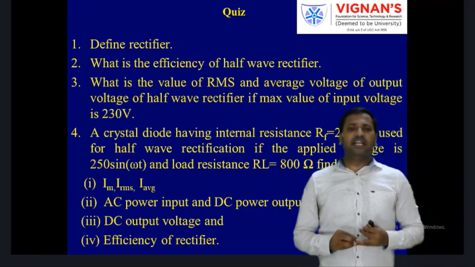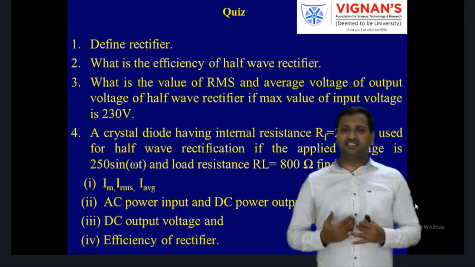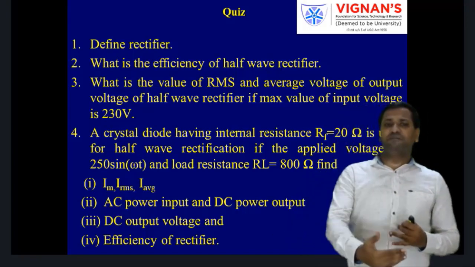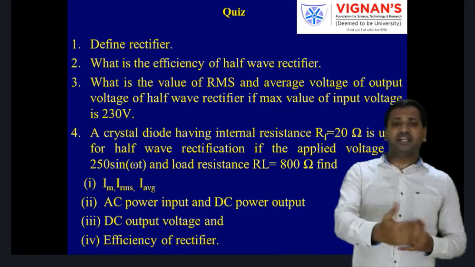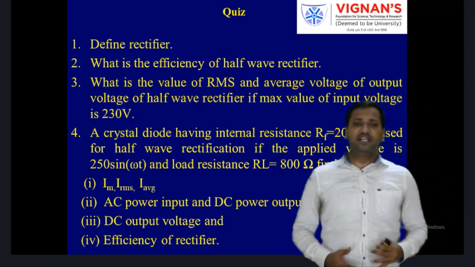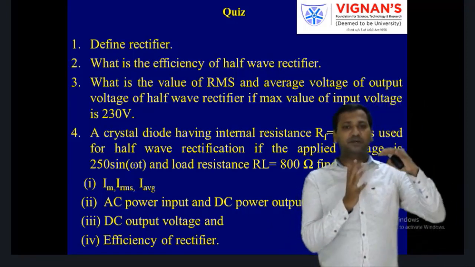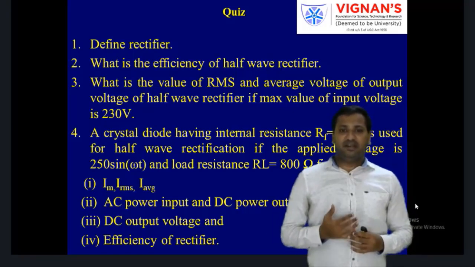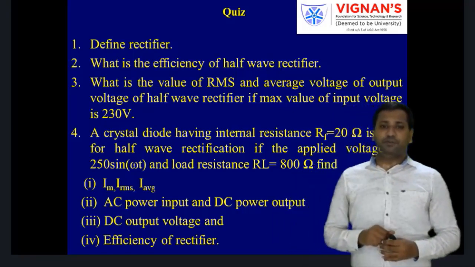Maximum current you will get from maximum voltage divided by resistance, RMS current you will get from maximum current by 2, and average current you will get from maximum current by pi. And next one, AC input and DC output power.